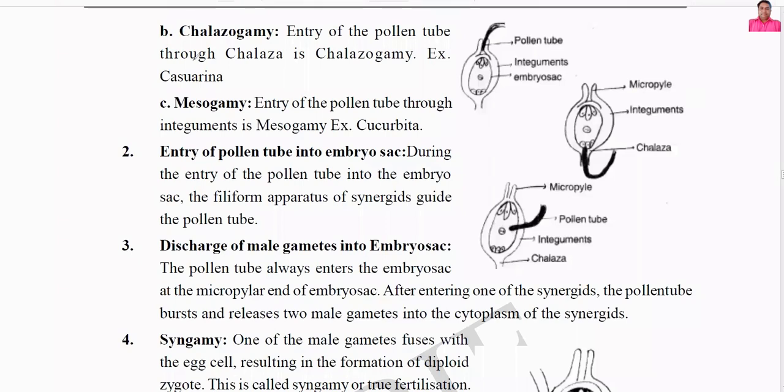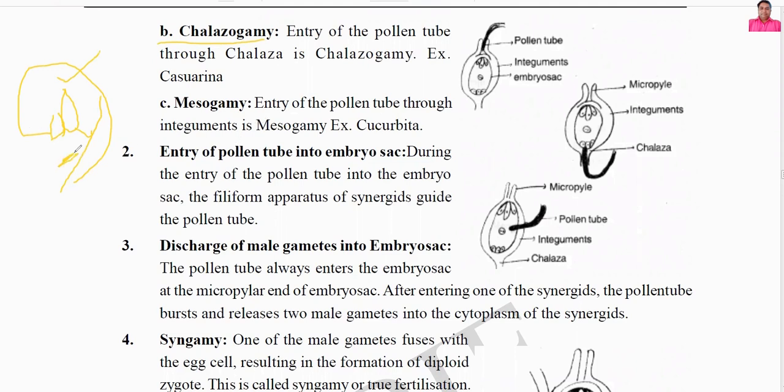The second one is chalazogamy: entry of the pollen tube through the chalaza. This is the embryo sac, and this is the ovule and integuments. This is the chalazal region, and this is the micropylar region.